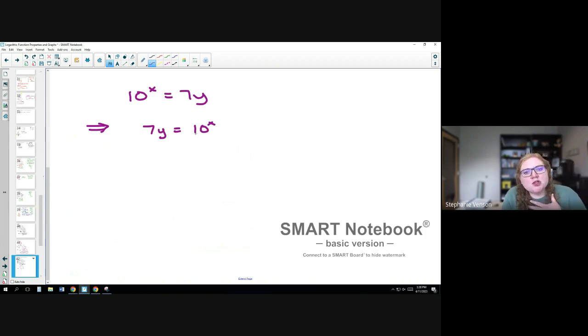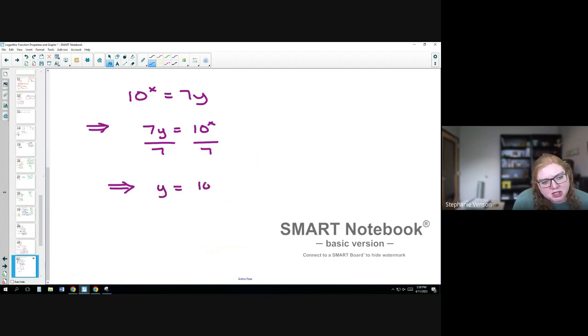And remember, my goal of step 3 is just to solve for y. So the only thing that I have left to do is divide both sides by 7. So I have y equals 10 raised to the x over 7.